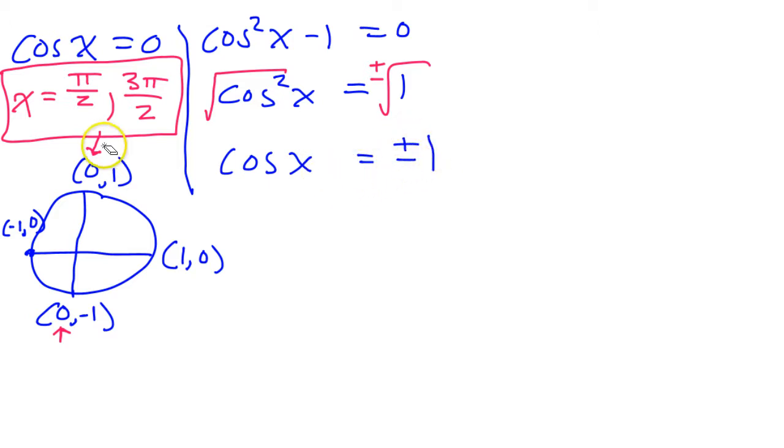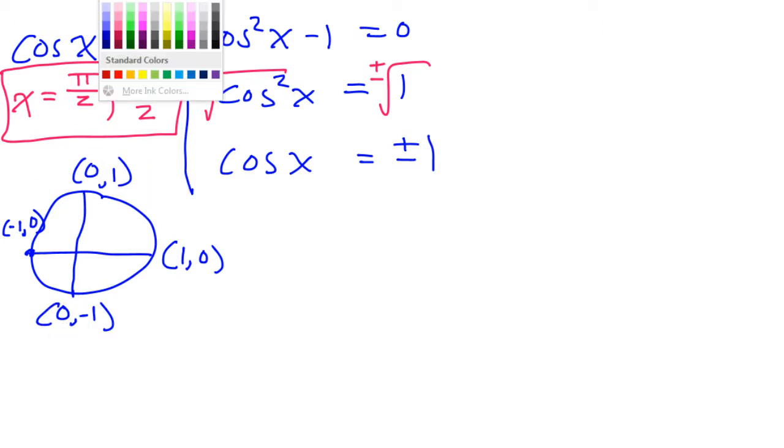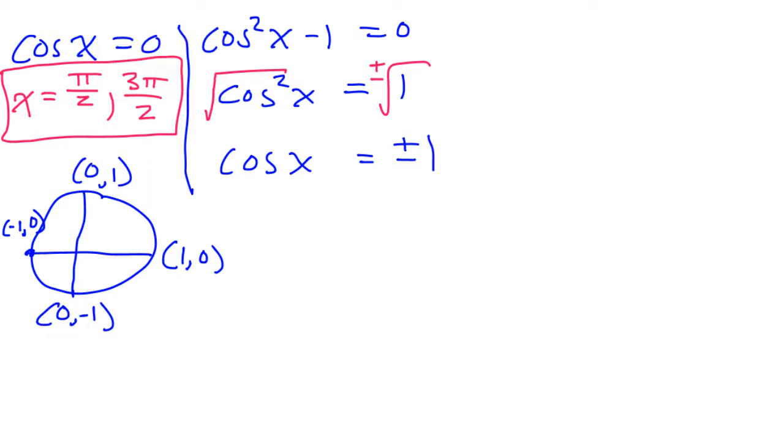So again, let's look at the unit circle, checking out the quadrantal angles. All right, and again, we're looking for x values, but this time we want plus or minus 1. So here's an x value of 1, so that's going to be a solution. That's 0. Here's an x value of negative 1.